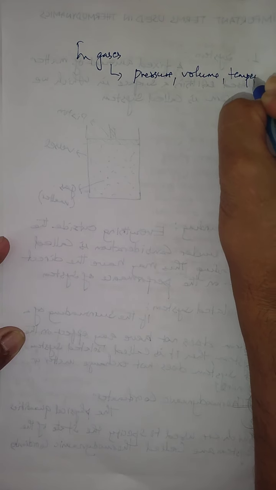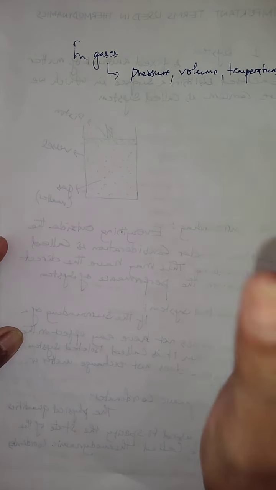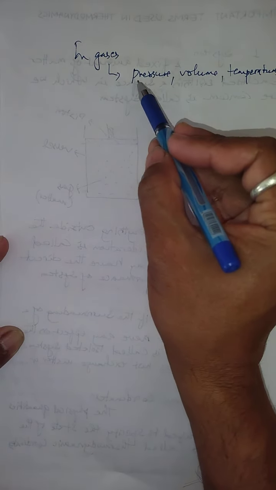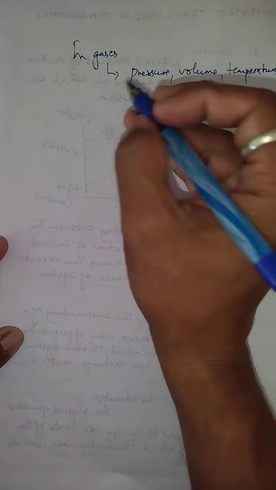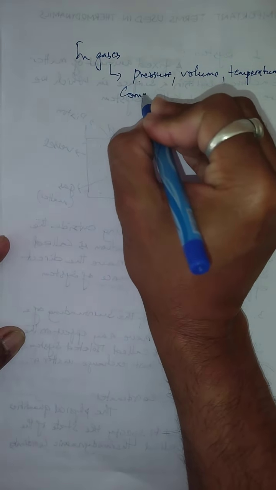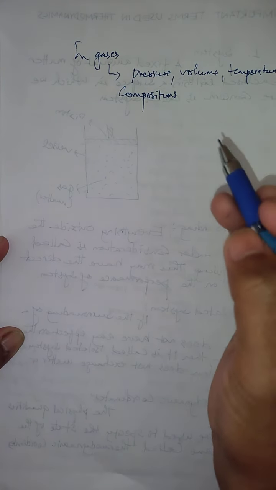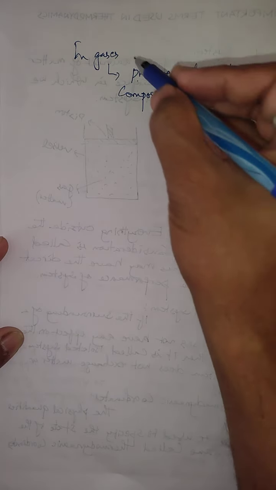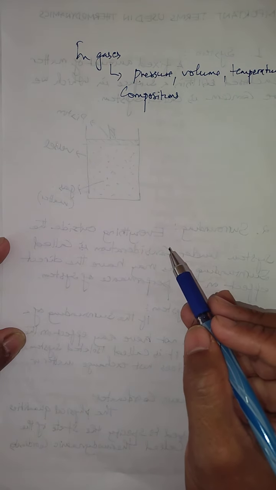These are all the physical quantities that specify the state of this gas as a system, and that is called thermodynamic coordinates. Like pressure, volume, temperature, even the composition, the amount. So these are all thermodynamic coordinates in the case of a gas, because the gas is the system, and these physical quantities act as thermodynamic coordinates.